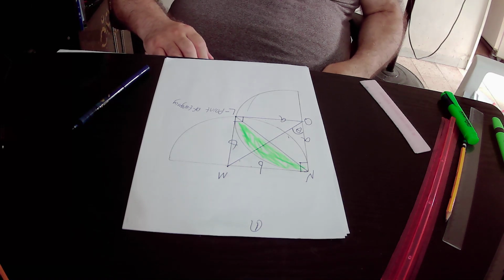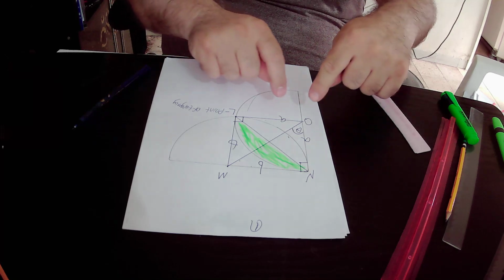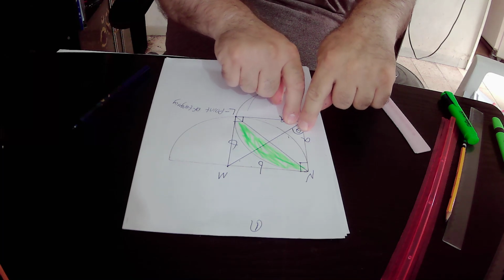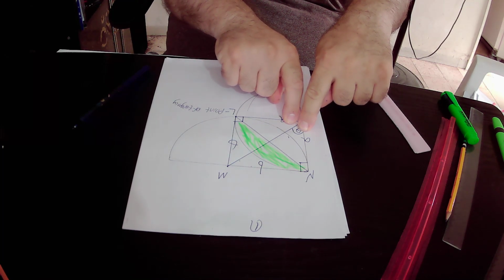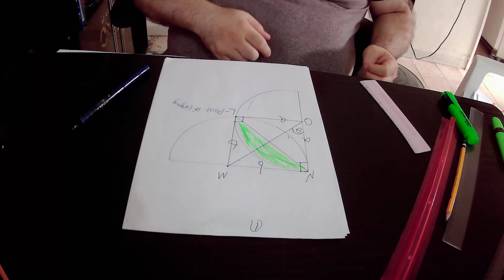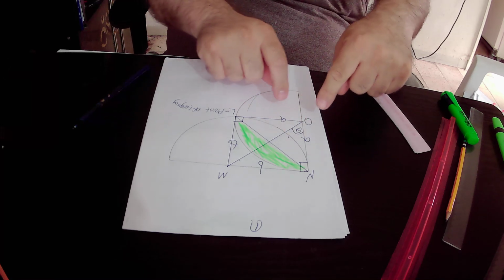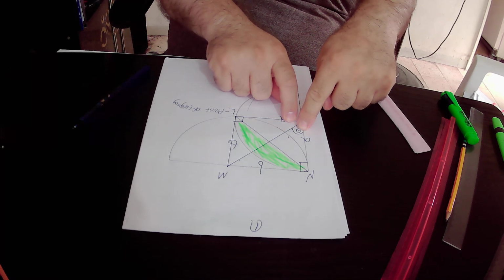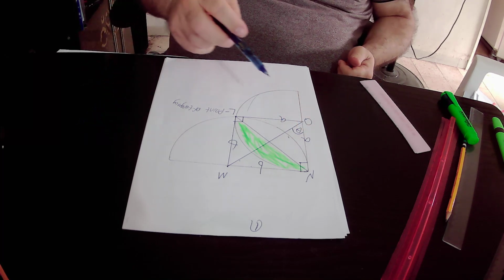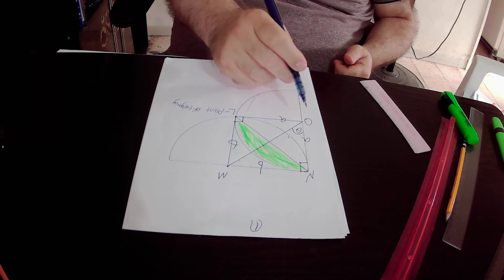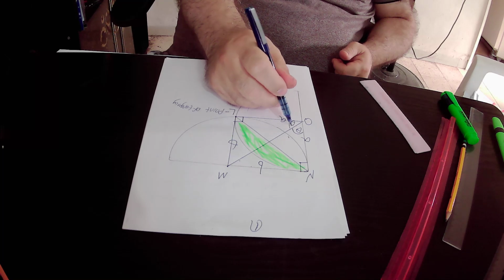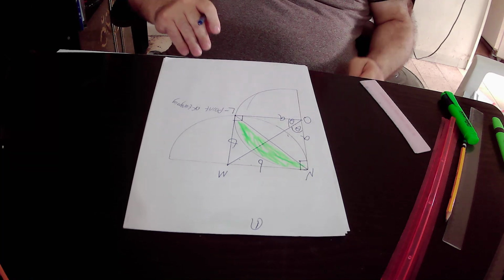And from the fact that those two triangles are congruent, we conclude that those two angles are equal to each other according to the rule that corresponding angles in congruent triangles are equal. That is to say that if this angle equals theta, then this angle must also equal theta.